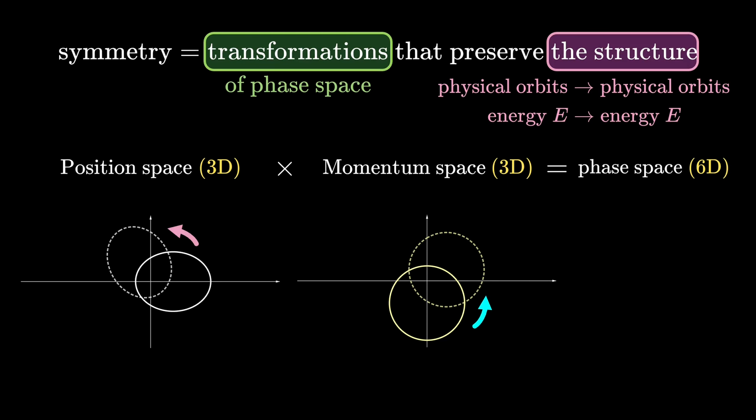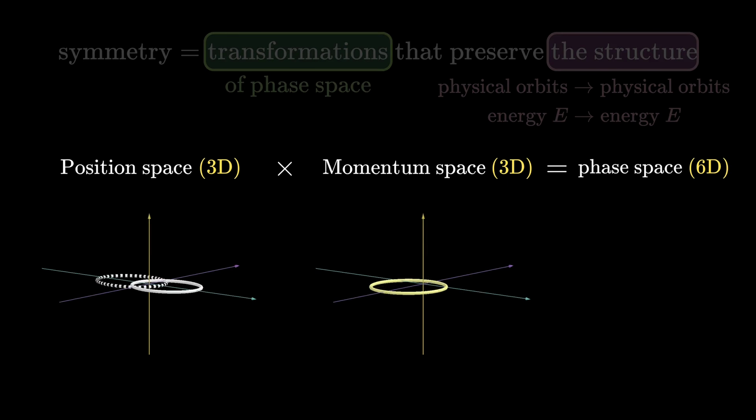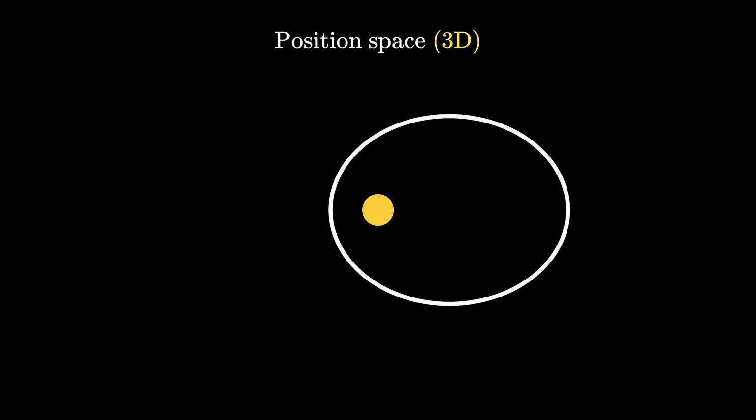Under this definition, if I simply rotate position and momentum spaces simultaneously, I will just rotate the orbits, and the energy doesn't change. I can even rotate to some other planes, and it should still be a symmetry with this definition. But there is a different kind of transformation you can do.